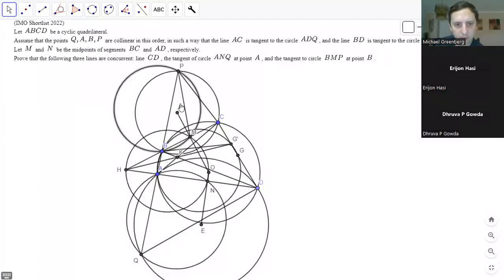And angle BPM is equal to DAG, right? BPM is DAG. I think you're right. Yes. So BPM is DAG. So we want to show that DAG equals G prime BC.